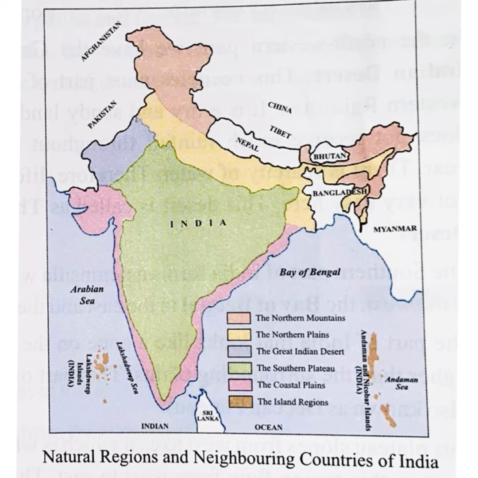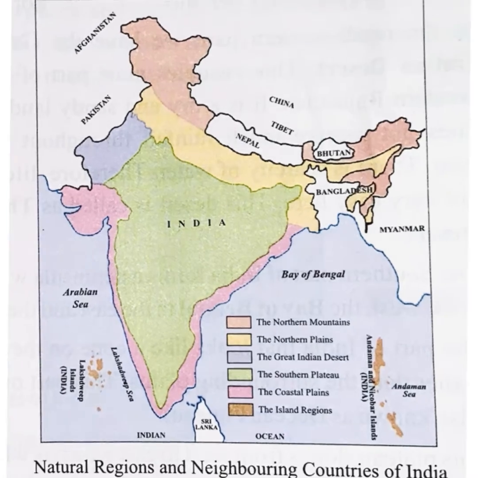Okay, so there are different landforms on the land surface of India. In India, we have 6 physical divisions of landforms. It means that India has 6 different types of landforms. And in this chapter, we are going to study about these different landforms that are scattered all around India.